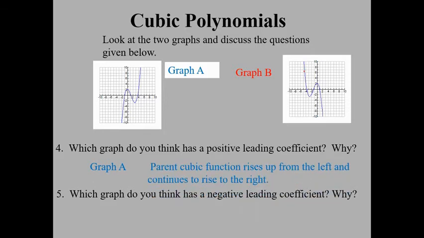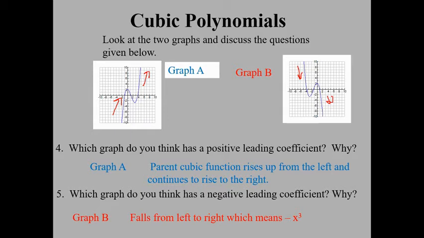And the reason why is because the parent cubic function rises up from the left and continues to rise to the right, which means a positive leading coefficient. While on graph B, it has a negative leading coefficient, which means you're looking at a negative x cubed. So it's coming down and then continuing down because it is a negative x cubed.